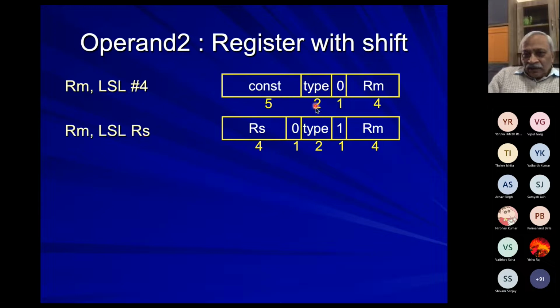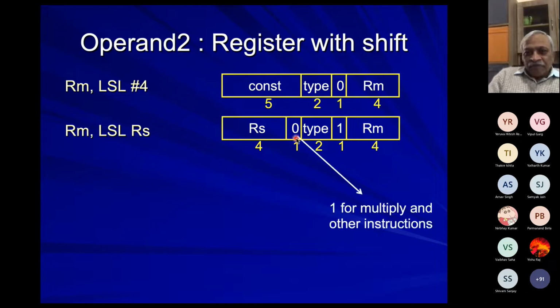In the case of a register, there is still 1 bit which is kept 0, and if you make this 1, it is used for a different type of instruction. In this specific case, if you make it 1, it's used for multiply and some other instructions. So you might get a feeling that it's something very weird and clumsy, and in fact it is.